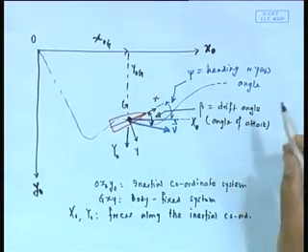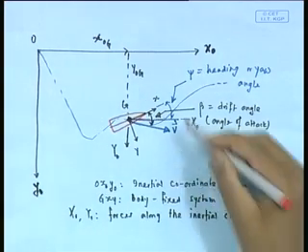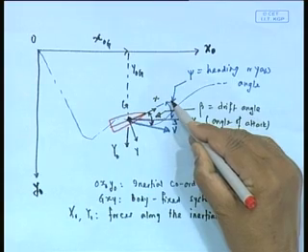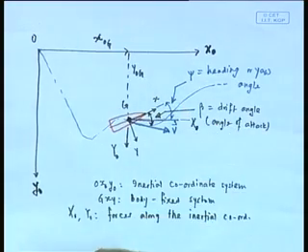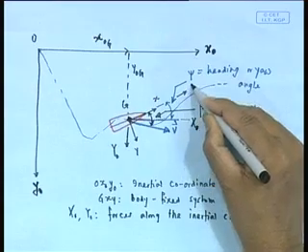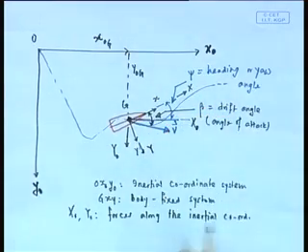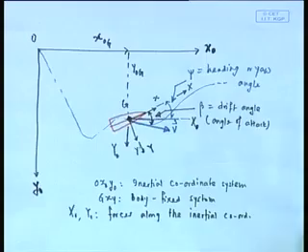But now I also want to define the forces coming along this direction, the body small x direction, to be big X, and force in this direction to be big Y. That means I am defining X and Y to be the forces measured along the body coordinate axes.